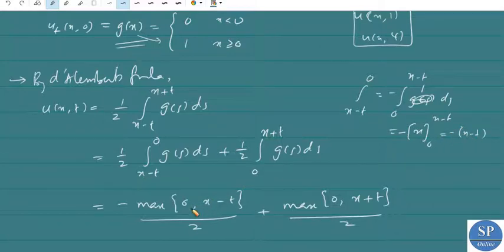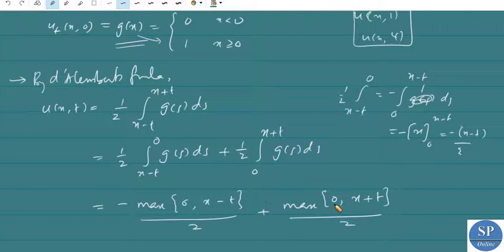That means if x minus t is greater than or equal to 0, then the maximum will be x minus t. So negative of x minus t, divided by 2, will be the answer.